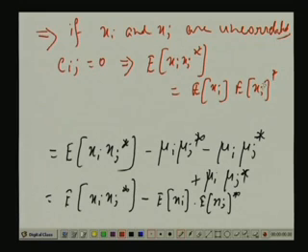Either you can take x j star and then the expected value of it, or E of x j and then conjugate, either way it is the same.